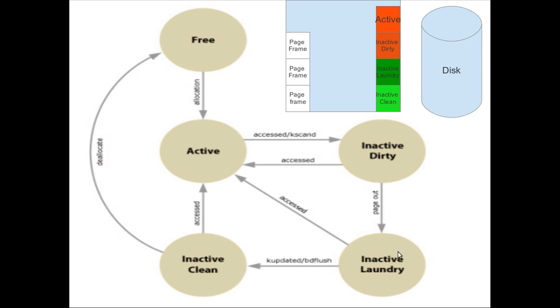In the meantime, when it is trying to flush the modifications to the disk, in case the page was accessed again, it will become active, and in case it was not accessed during the time when it was flushing the details to the disk, it will become inactive clean.